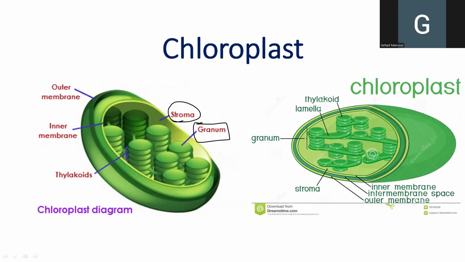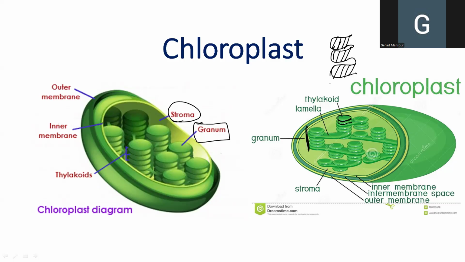So here you can see the granum is a pile of thylakoids, and the thylakoid is the inner membrane of the chloroplast that looks like this, and that gives you the impression that the thylakoid is a box or a small disc that is full with the pigment.